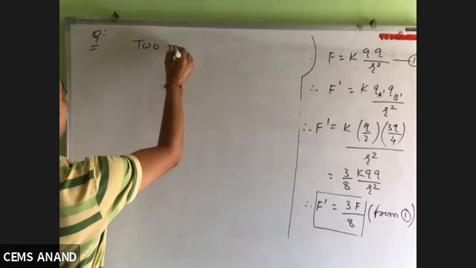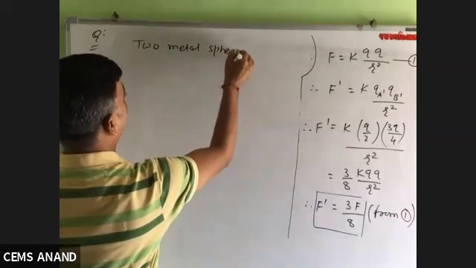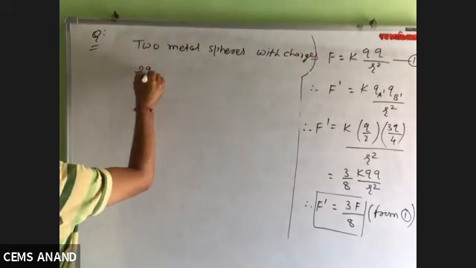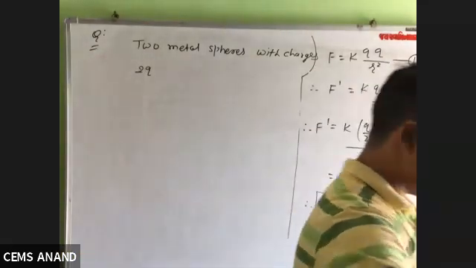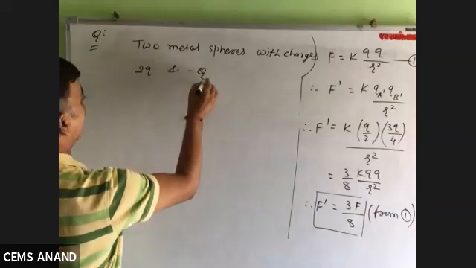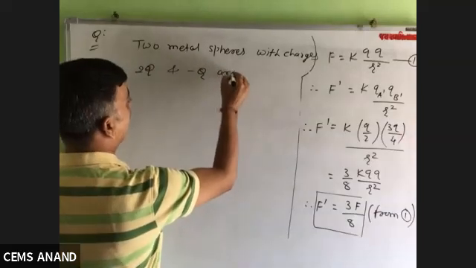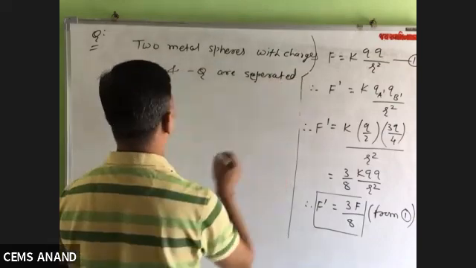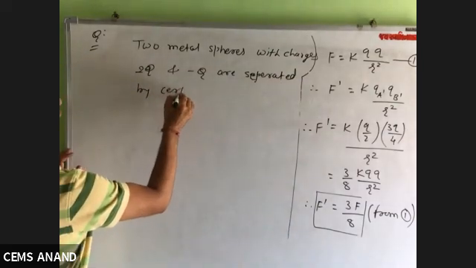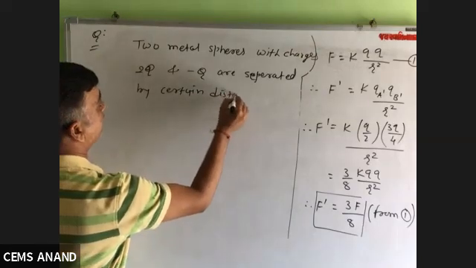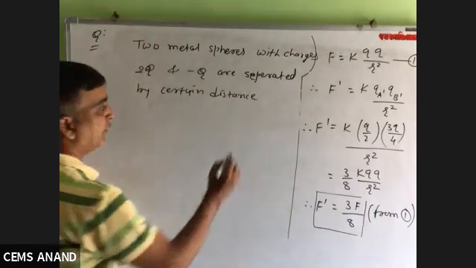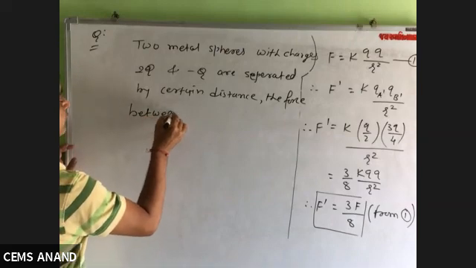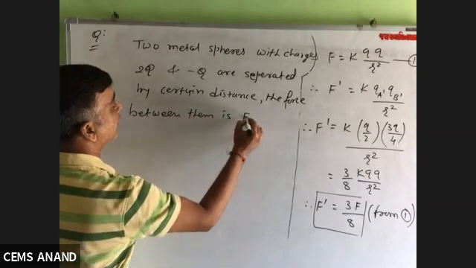Two metal spheres with charges 2Q and minus Q are separated by a certain distance. The force between them is applicable.